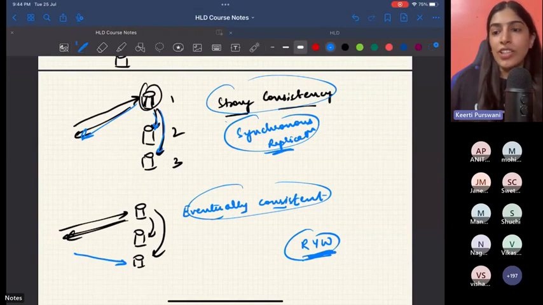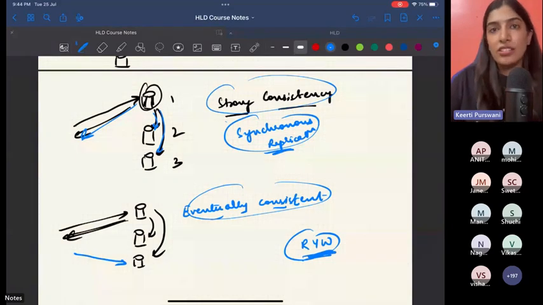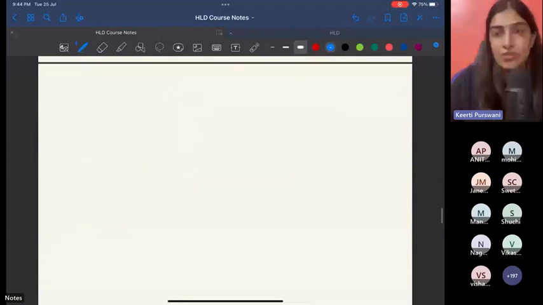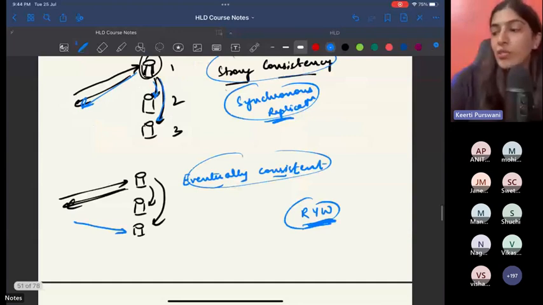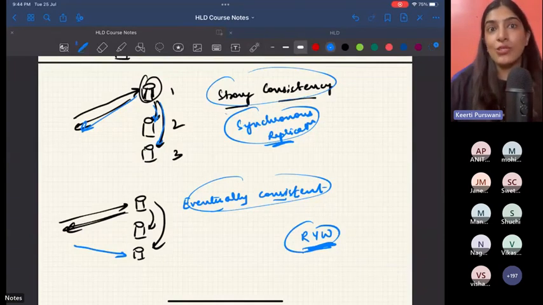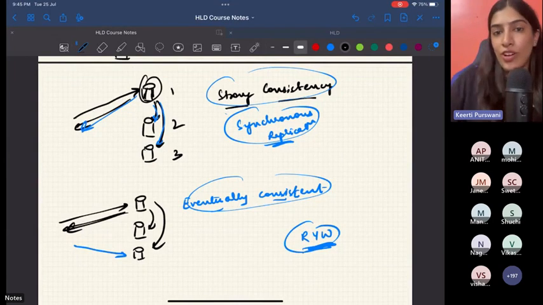Whatever we read should always be true to what we wrote. Now there's another quality of the system that we want to have. By the way, consistency is what? It is a quality of the system, that our system should behave like this. And that is why it will come under what sort of requirements.